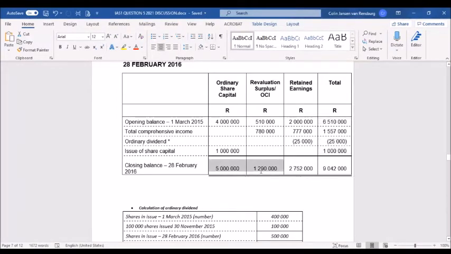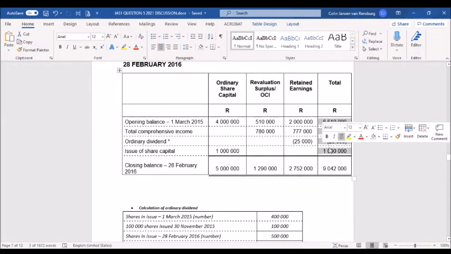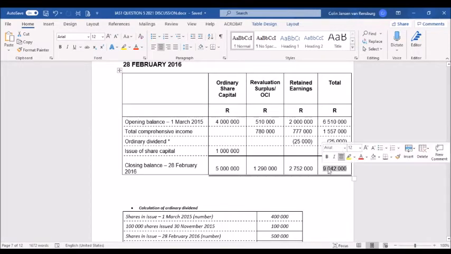So you're also going to add these three columns up across, and that must also give you that amount. Adding it up in columnar form must give you that amount, and adding it up across in the line must also give you that amount. Then at least you know that you haven't made any calculation error on this particular statement.